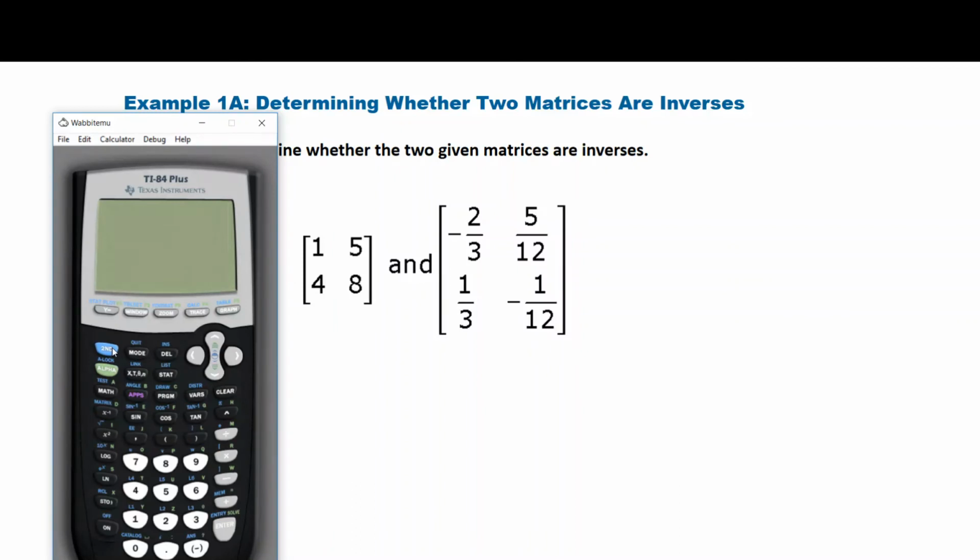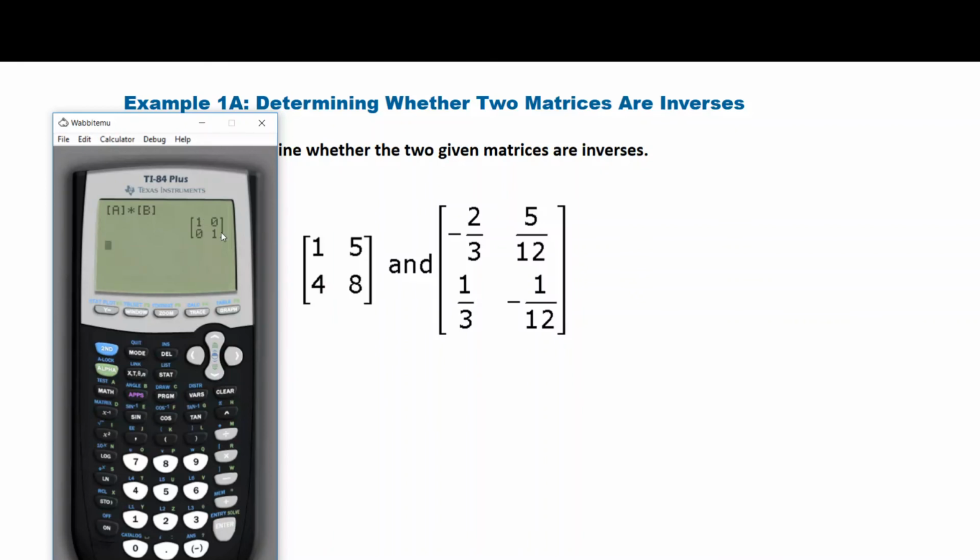We want to go back to our matrix 1, enter that, and we're going to click times, and then we're going to go to matrix, and let's go to B, enter that. If these two, when you multiply them together, give us the identity matrix, we know that these are inverses.